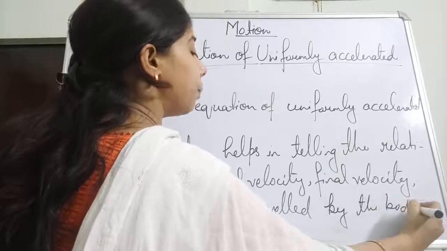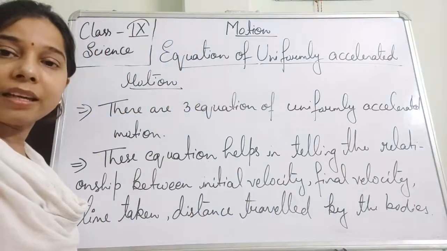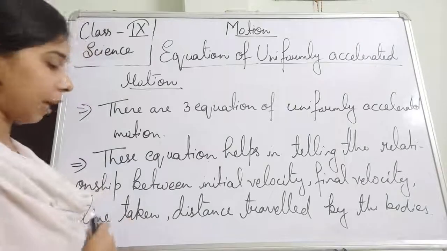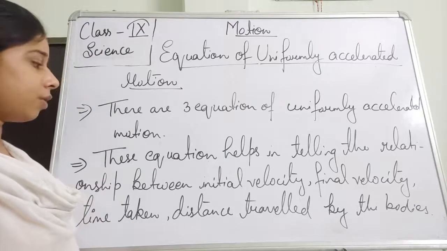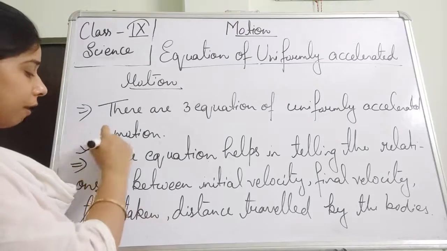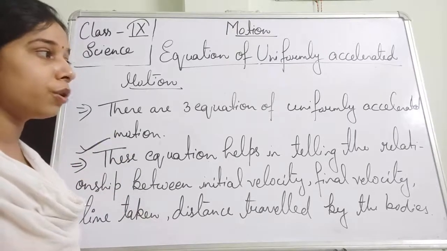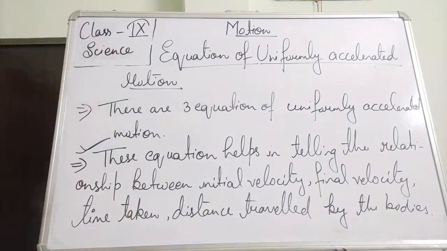So basically it helps in telling the relationship of acceleration with initial velocity, final velocity, time taken, distance traveled by the bodies. So these three equations of motion are helpful in telling the relationship. I told you there are three equations of a uniformly accelerated motion.